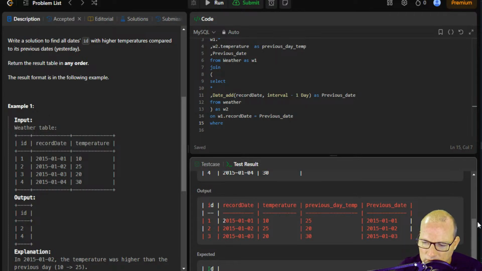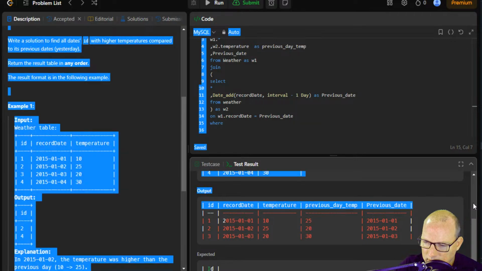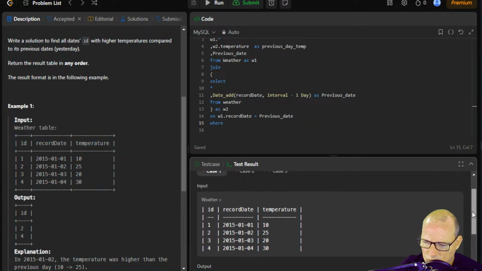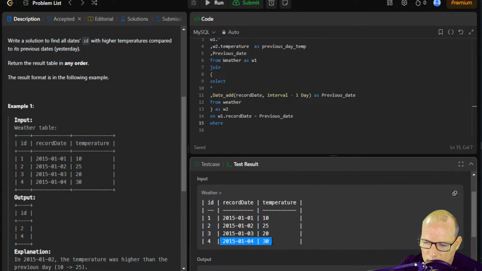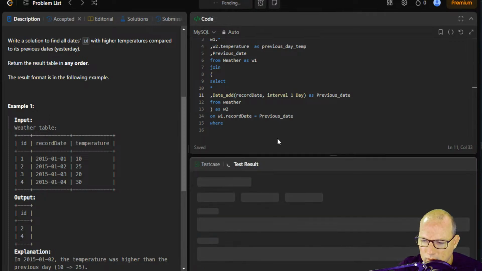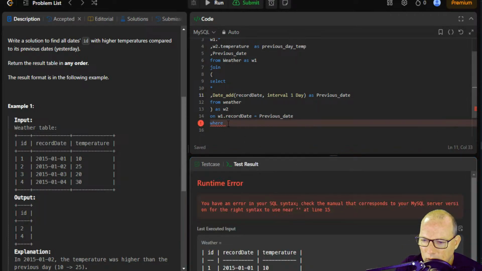So here's our dilemma. Let's come back here. All right. So the previous date. We were looking here and going backwards to, so we're going to be joining this way. Let's see if this solved it. We may need to tweak a little bit here.